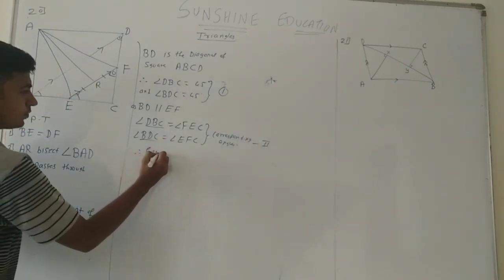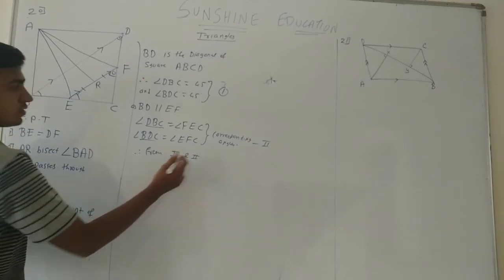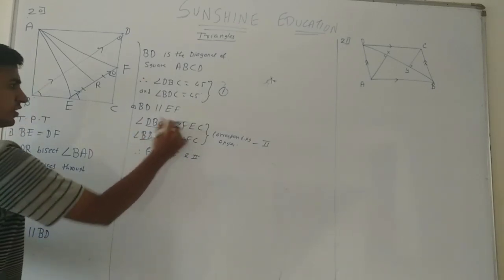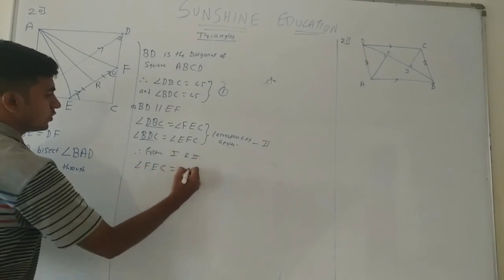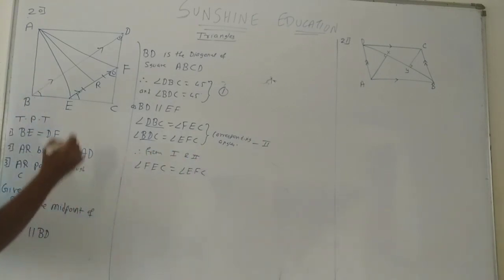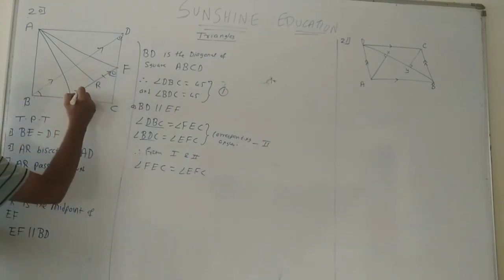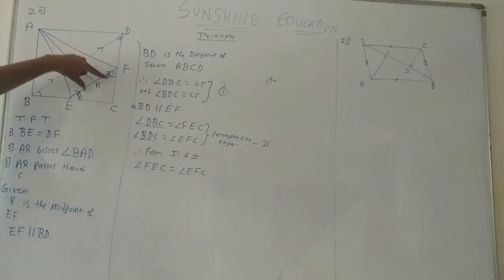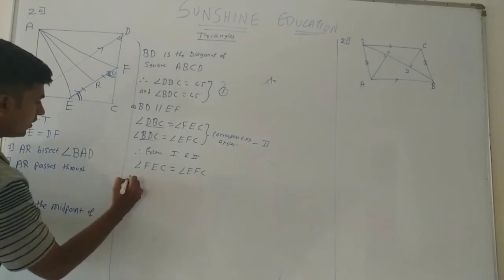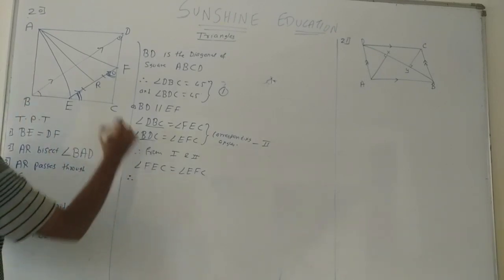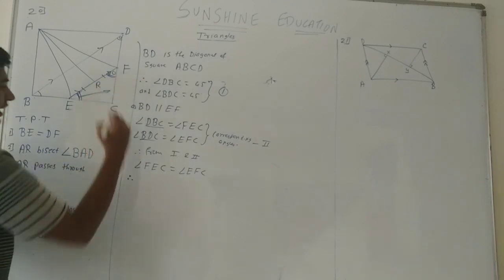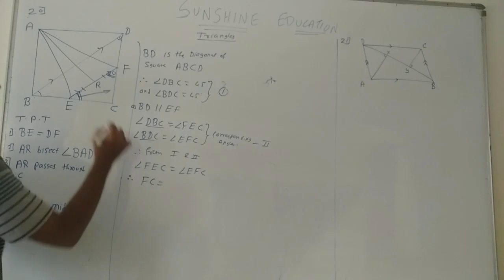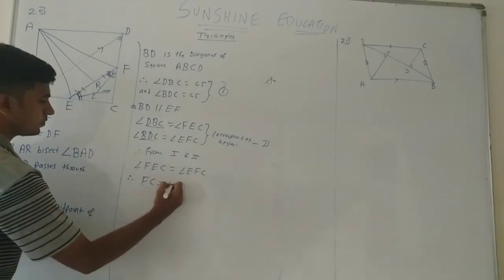Therefore, from 1 and 2, we know that this is also 45, this is also 45. Therefore, we can say that FEC is equal to EFC, meaning this angle FEC is equal to this angle, and two angles are the same, therefore the sides opposite to them are the same. So the side opposite to FEC is FC, which is equal to EC.